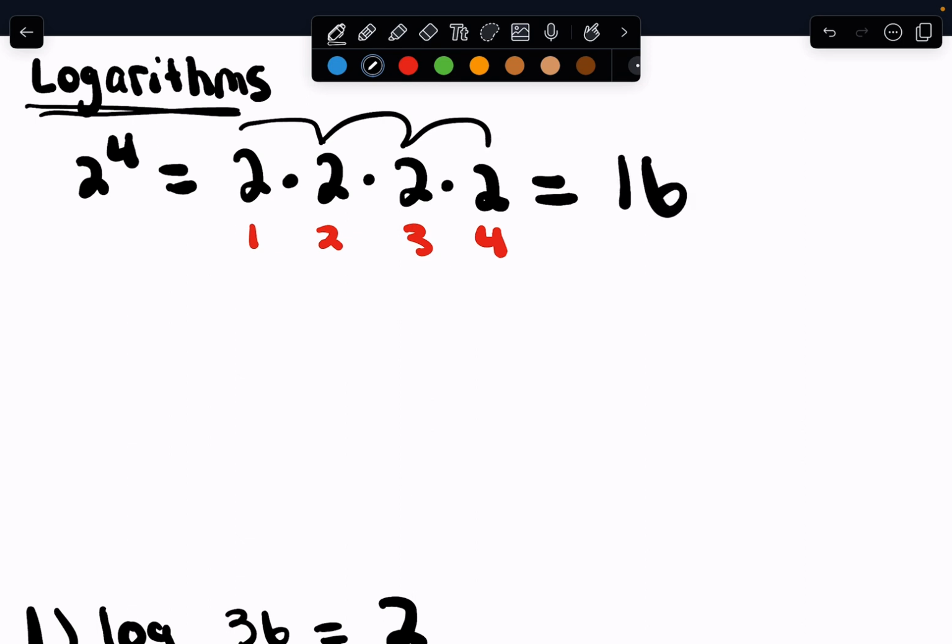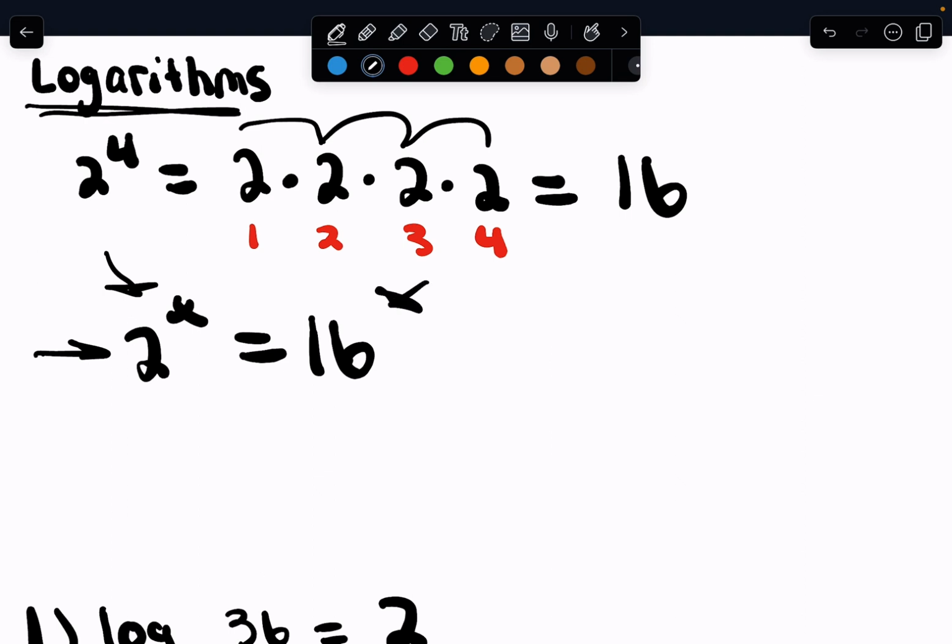This gives us 16. Now, in the world of logarithms, we have 2 to some power will give us 16. This is basically what logs are trying to help us find. So, 2 to some power gives us 16.